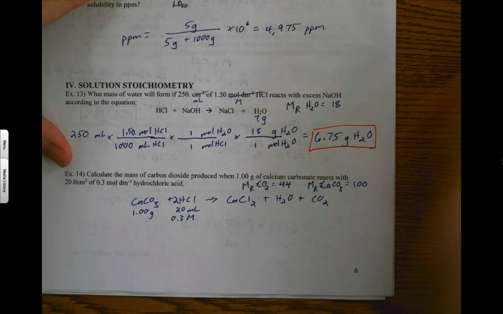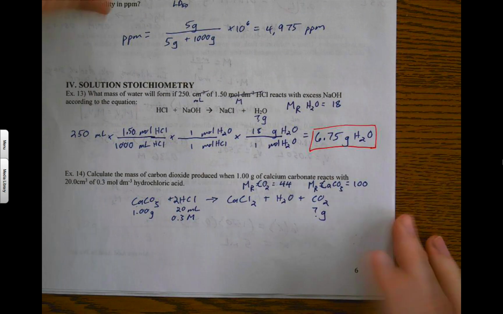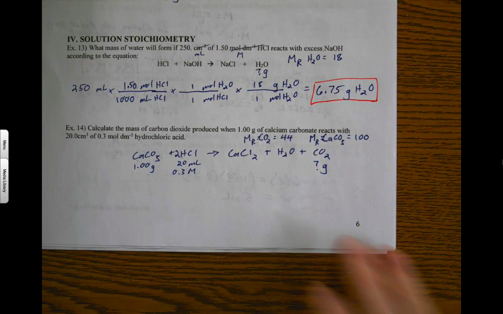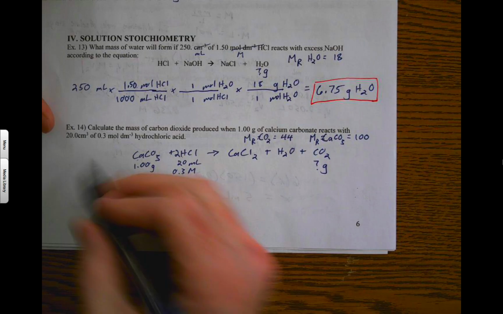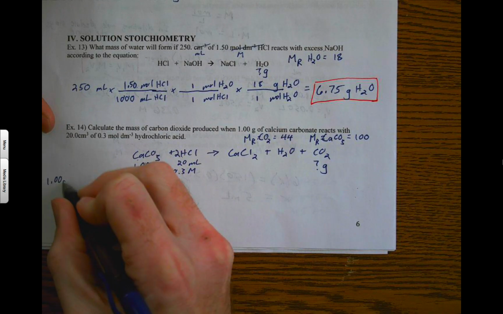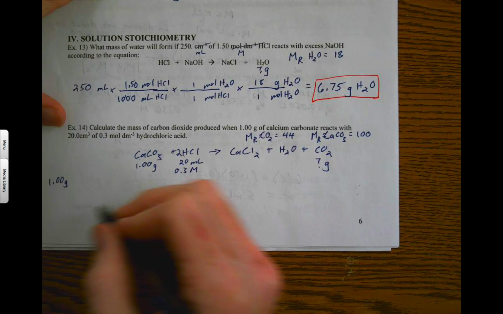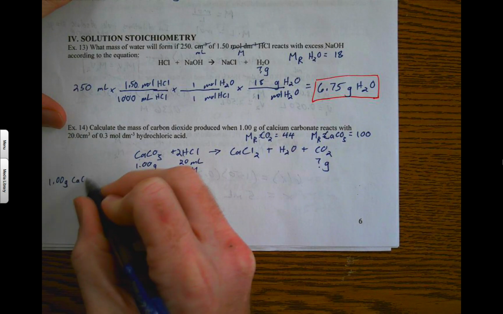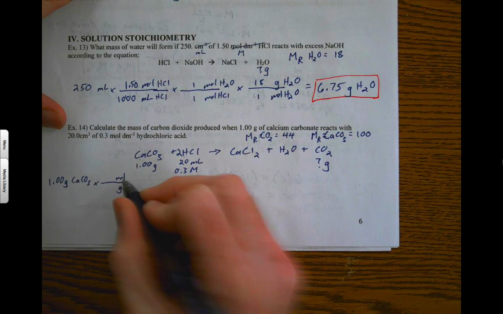Now it wants to know the mass of carbon dioxide. Now you should be screaming at the screen right now saying this is a limiting reactant problem. That's because it is. So we first need to find out the number of moles of each one. So that's going to be 1 gram of calcium carbonate, and let's convert grams into moles.